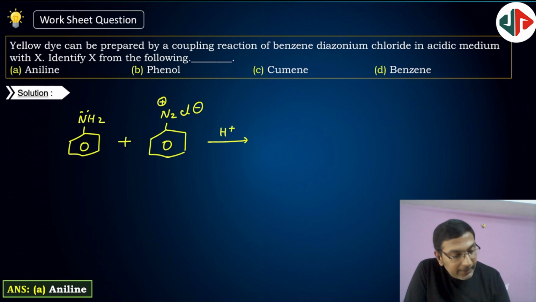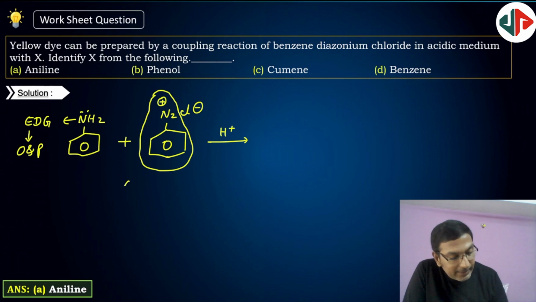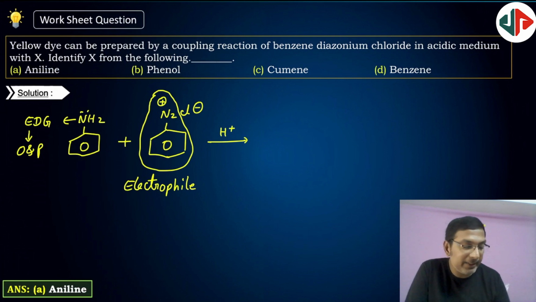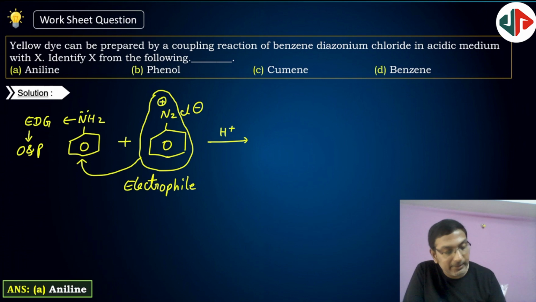So here NH2 is electron donating group, which is ortho and para directing group. And here benzene diazonium acts as electrophile. That electrophile will be substituted at para position due to bulky nature.